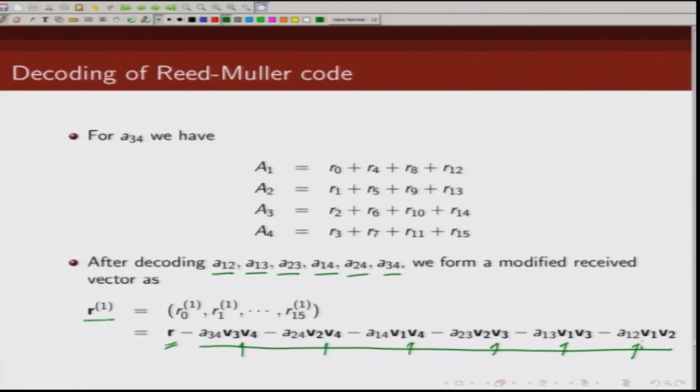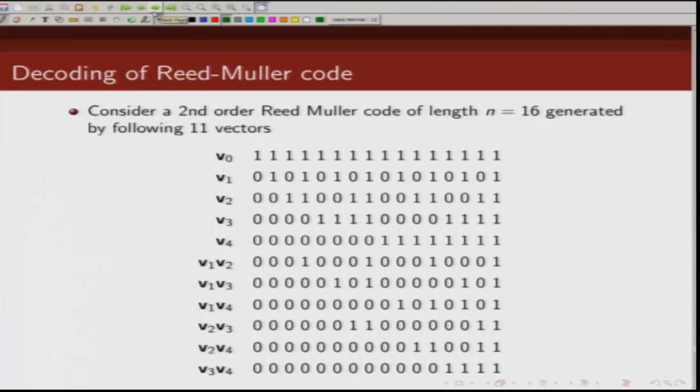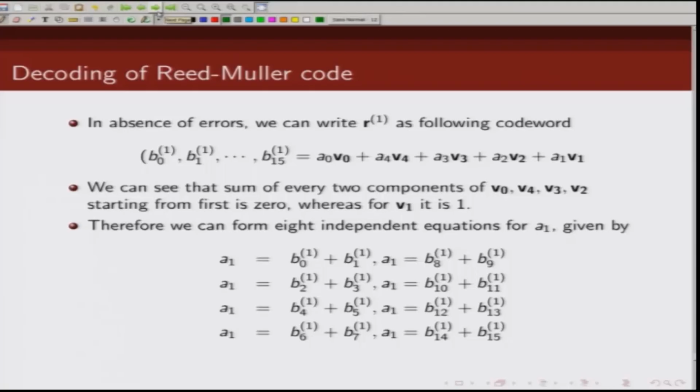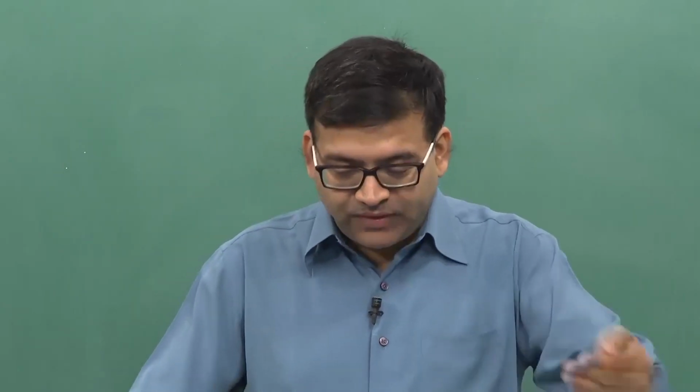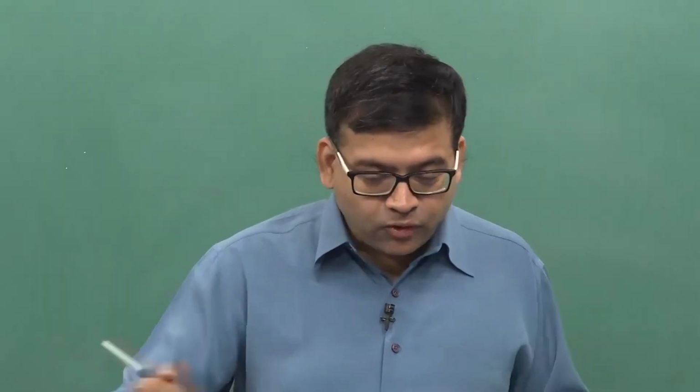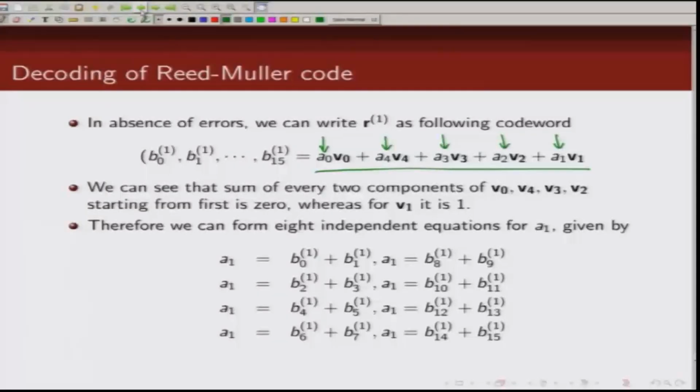Now, once we do this, we are left with decoding A0, A4, A3, A2 and A1. So, first we try to decode the rth order terms, then we try to decode the r minus 1th order terms, and so on. Here we first decoded the terms related to the second order.